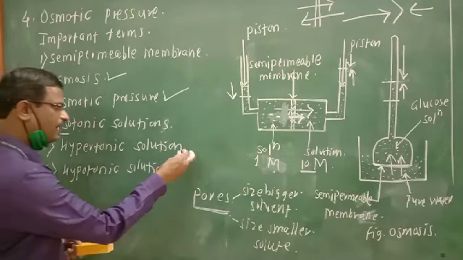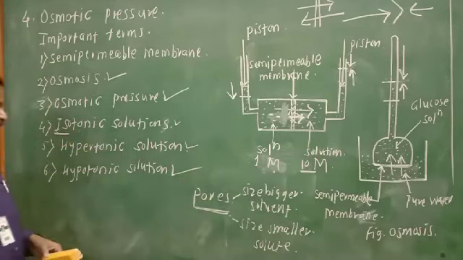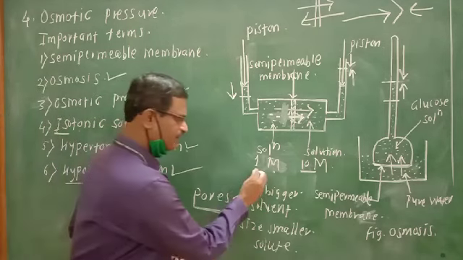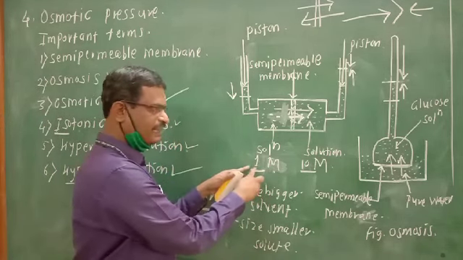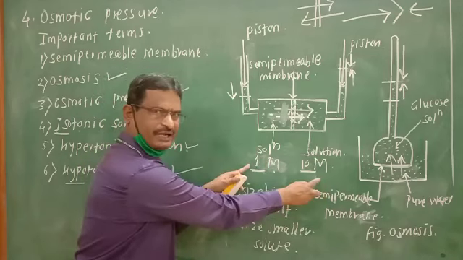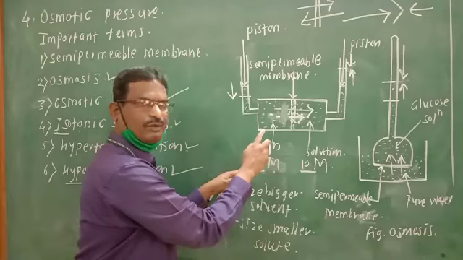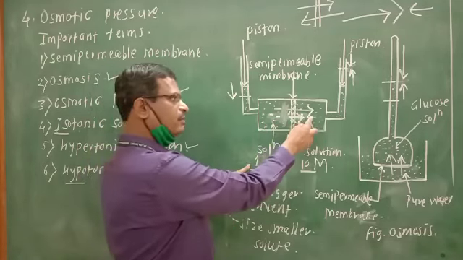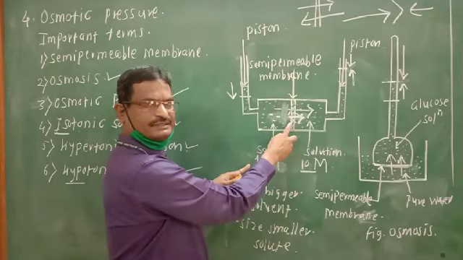And the last one is the hypotonic solution. Hypo means low, lower side. This solution has a lower concentration as compared with the second one. Movement of solvent takes place from the lower concentrated solution to the higher concentrated solution through a semi-permeable membrane, which is known as osmosis.